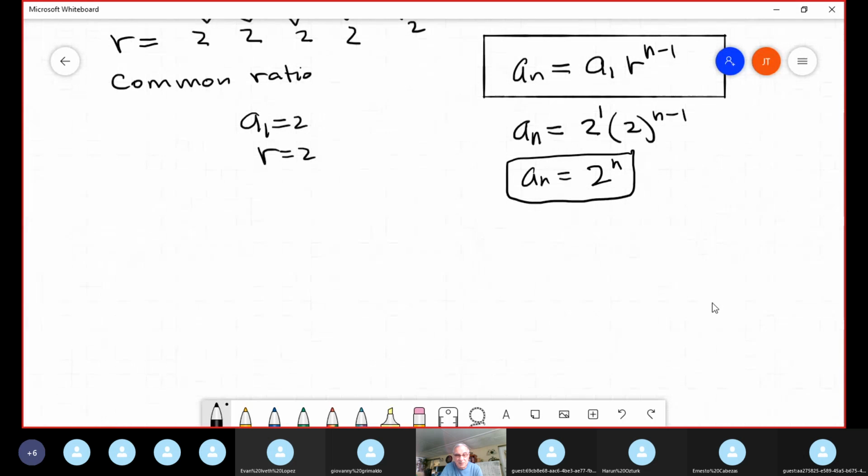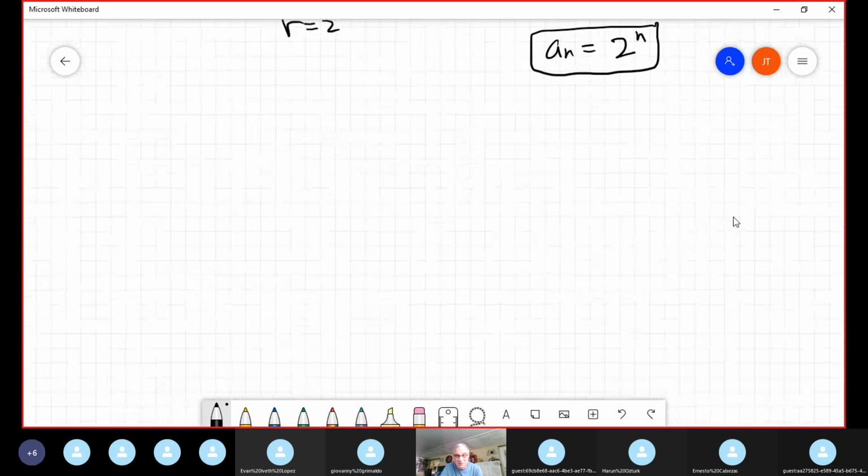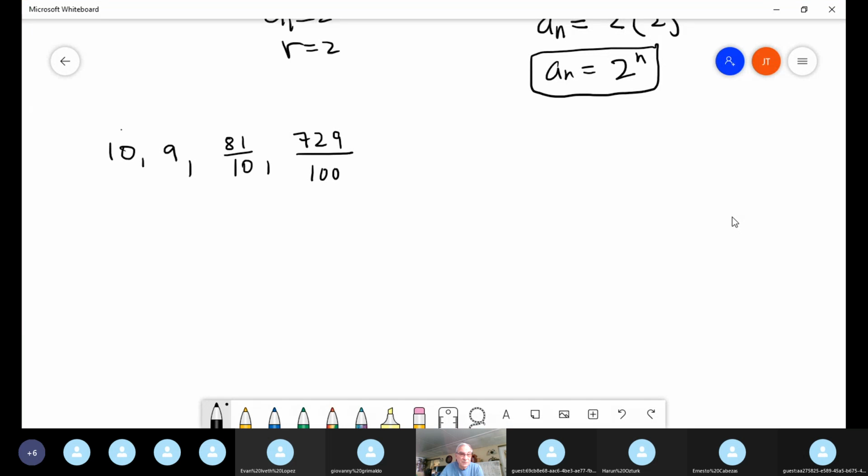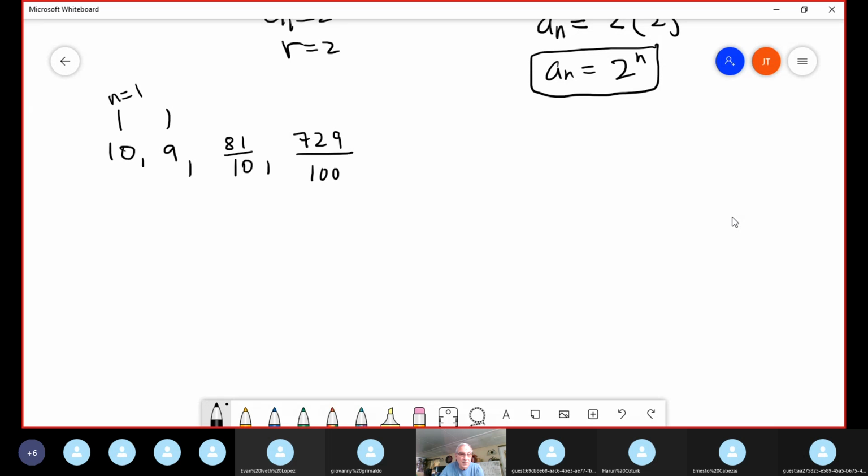Let's see one example, a little bit more complicated. You have this sequence: 10 over 9, 81 over 10, 729 over 100, for n equal 1, 2, 3, and so on.